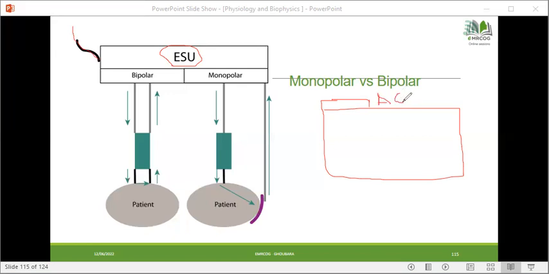Why is it AC? Because I can use two forms. The current is alternating, which means sometimes it has low frequency, sometimes high frequency. Direct current will have a stable frequency all over the time.